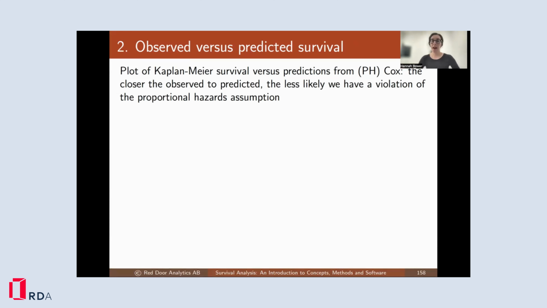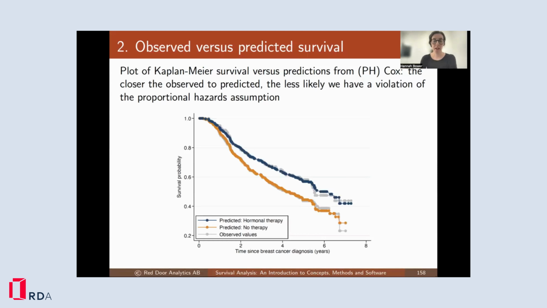So the less likely we have a violation of the proportional hazards assumption, the closer the values would be to each other. So we would assume that observed and predicted would be really close if the proportional hazards assumption was a reasonable assumption. So here on this plot, you can see an example of what this would look like. We have the survival probability on the y-axis and the time since breast cancer diagnosis here on the x-axis.